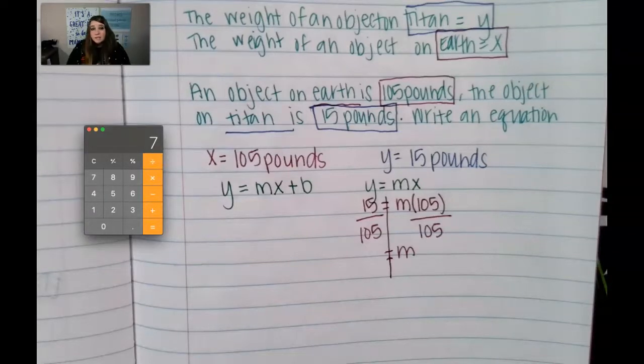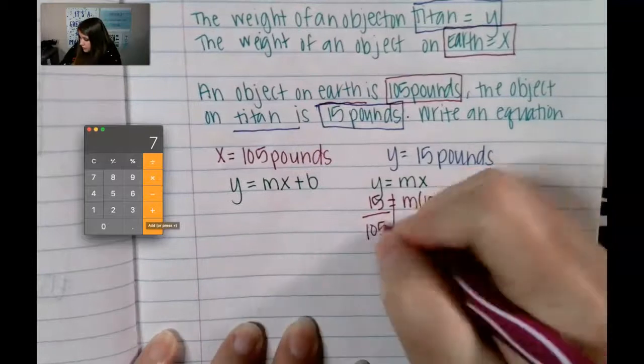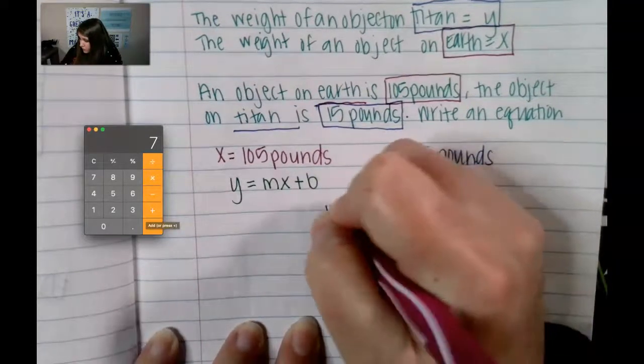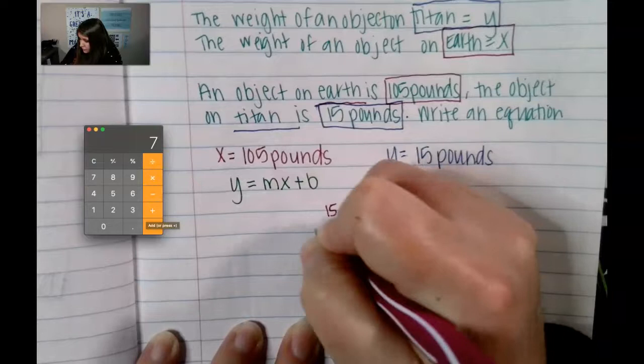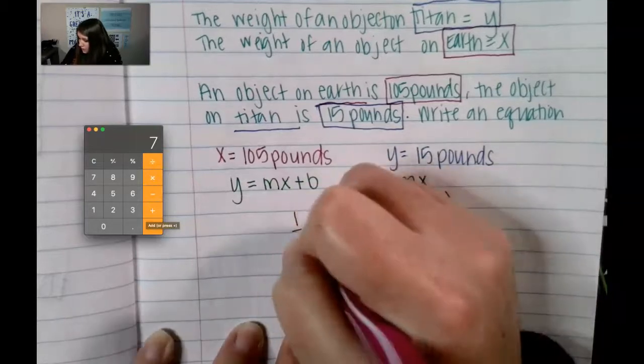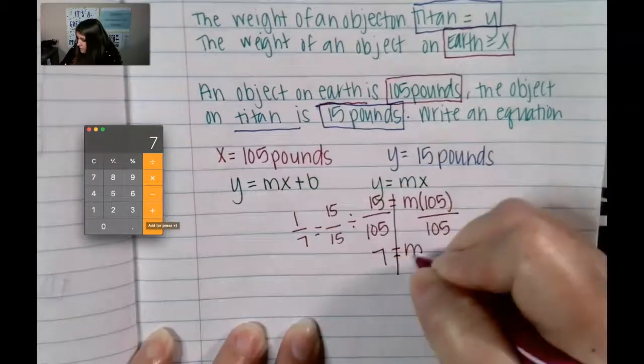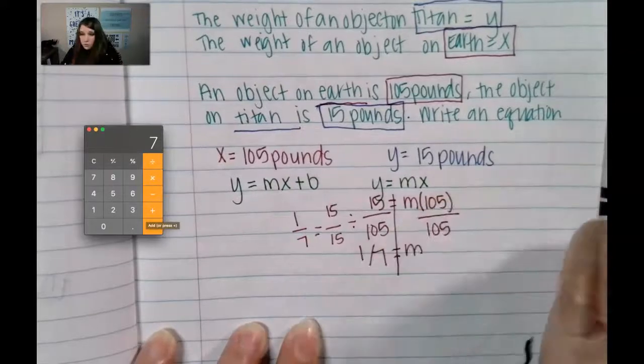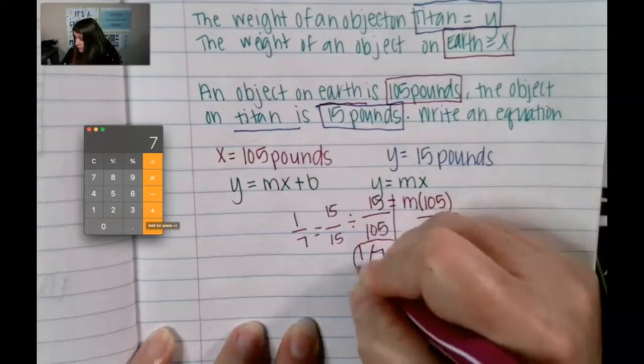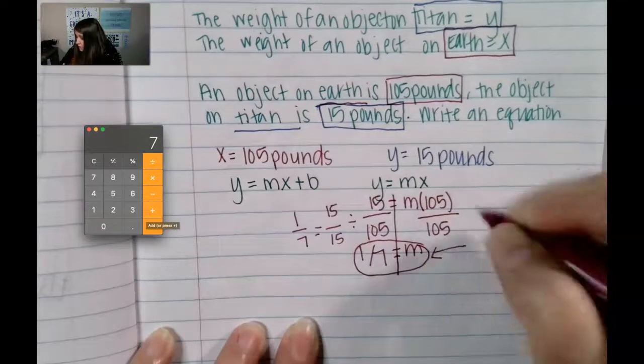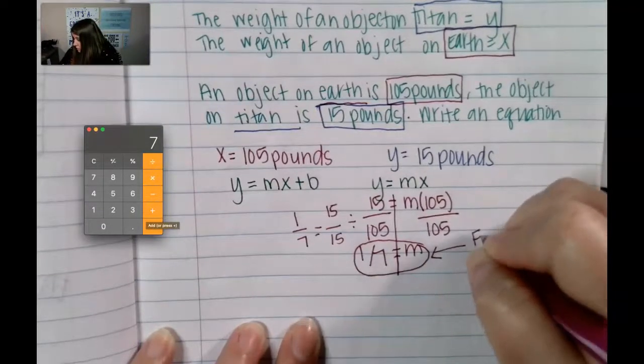So 7 is our number, or 1 over 7. When we divide by 105 on both sides, we get 1 over 7. So m equals 1 over 7. That is our slope.